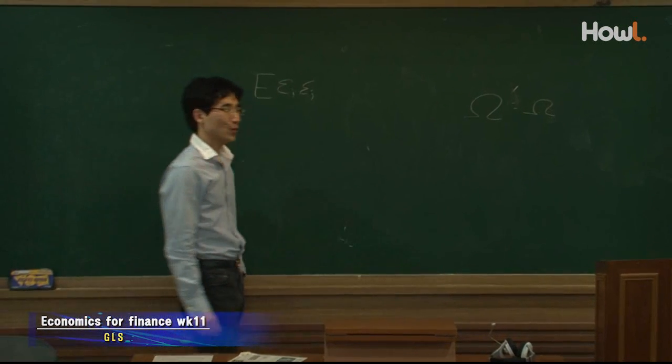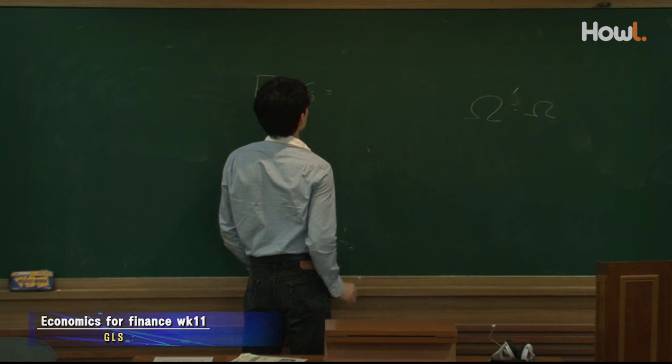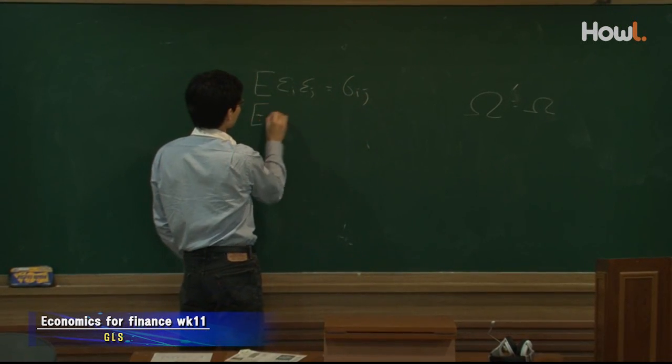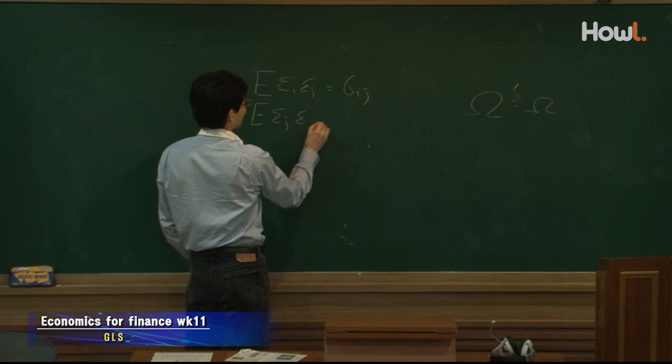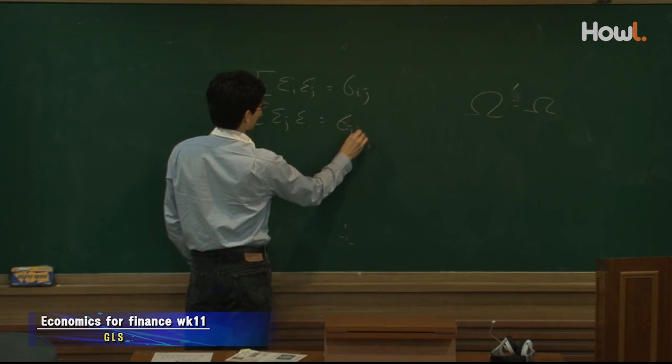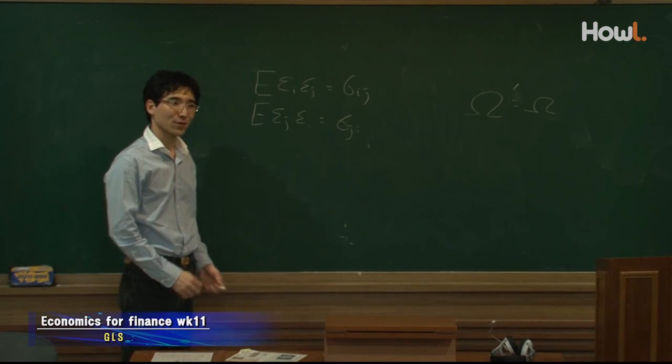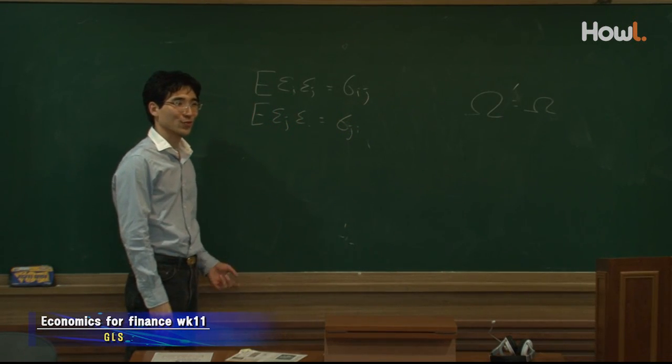So for the covariance between the two, this is ij, and then ji, right? And basically this and this should be the same, right? So therefore, omega should be symmetric.